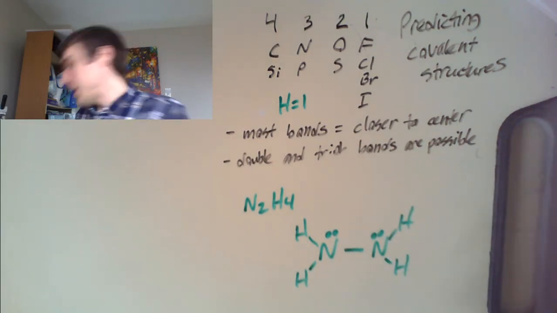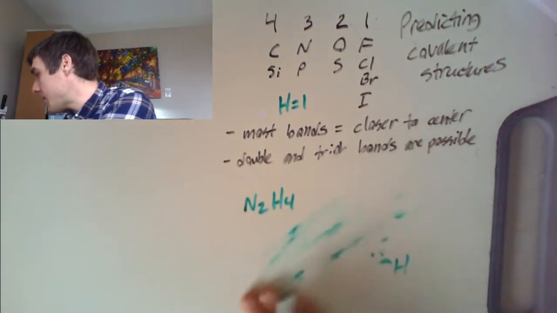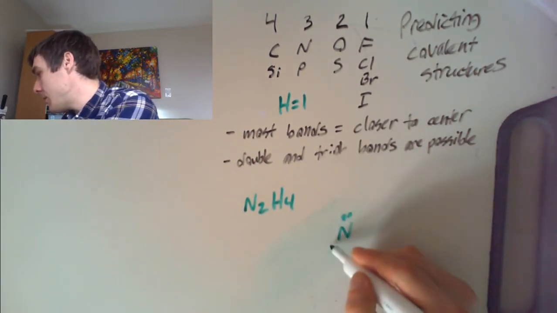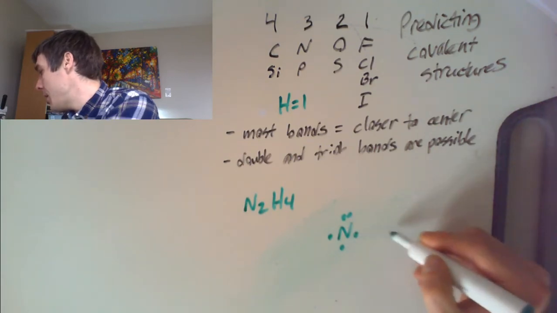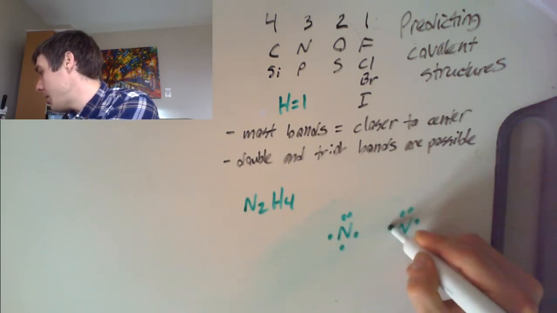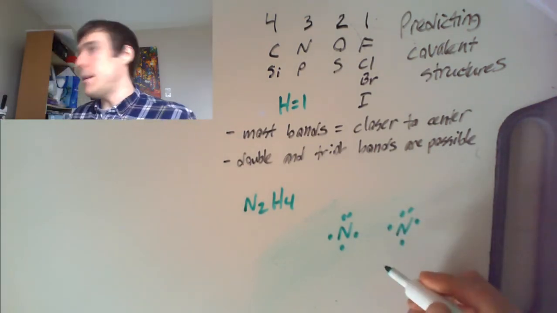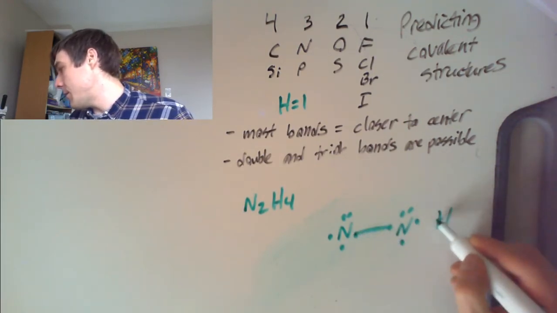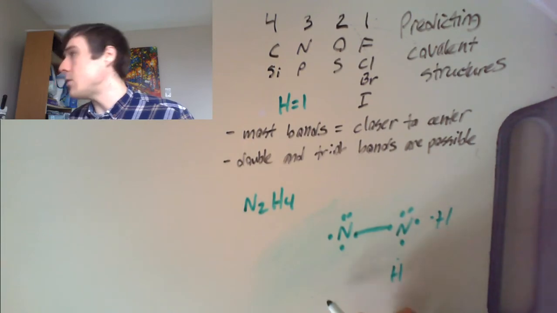You could also predict this with just straight Lewis structures if we want. So let's draw Lewis structures. Nitrogen, 1, 2, 3, 4, 5. Nitrogen, 1, 2, 3, 4, 5. And we can see here that this nitrogen can bond to this nitrogen, and then we have room for 2 hydrogens on each one.